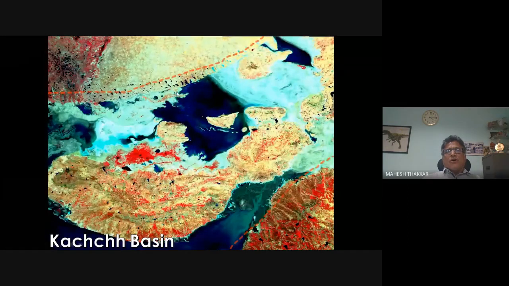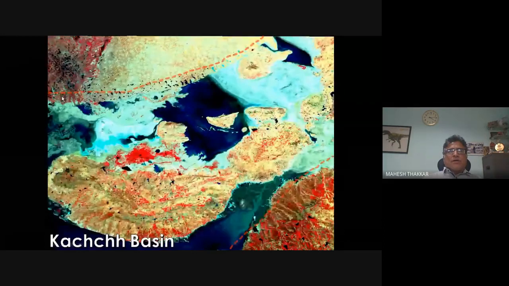This is actually the political boundary, which is also running with the geological boundary, the geomorphic boundary and the tectonic boundary. So you can see the sharp line between the Great Rann of Kutch and the Thar Basin.